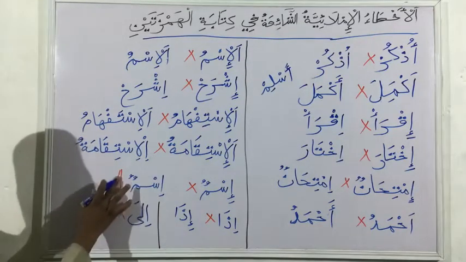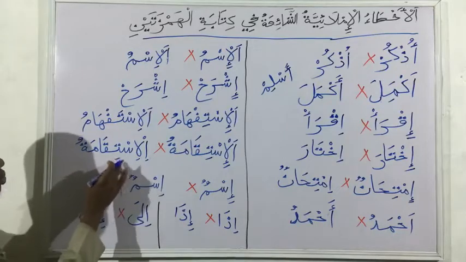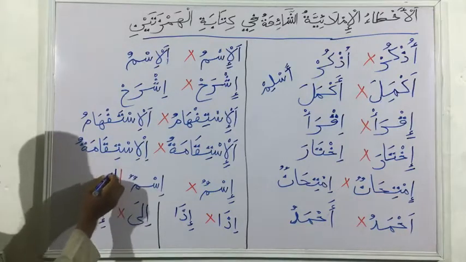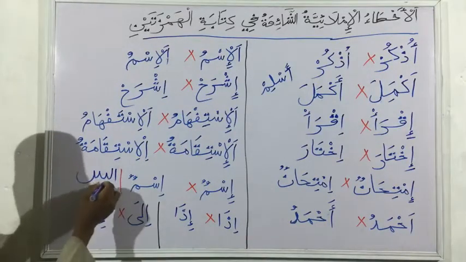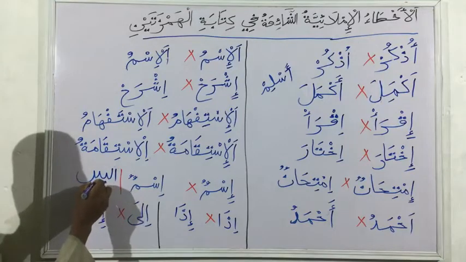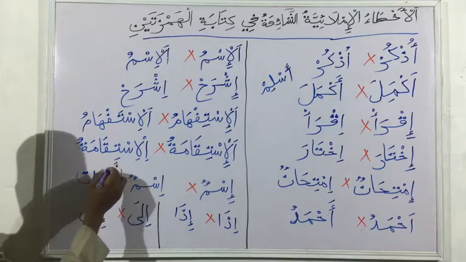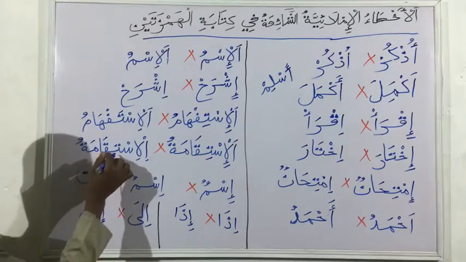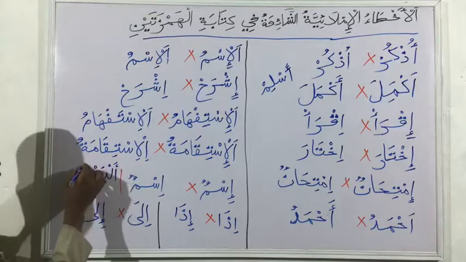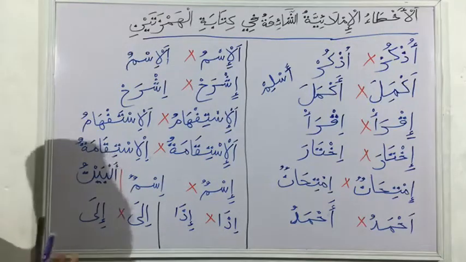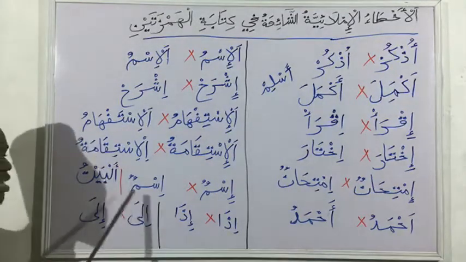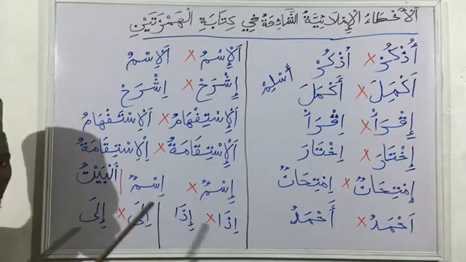So let's say someone wants to write al-baytu, and he writes like this. Al-baytu. What will you tell the person? It is wrong, because we said for all the huruf, al is a harf.